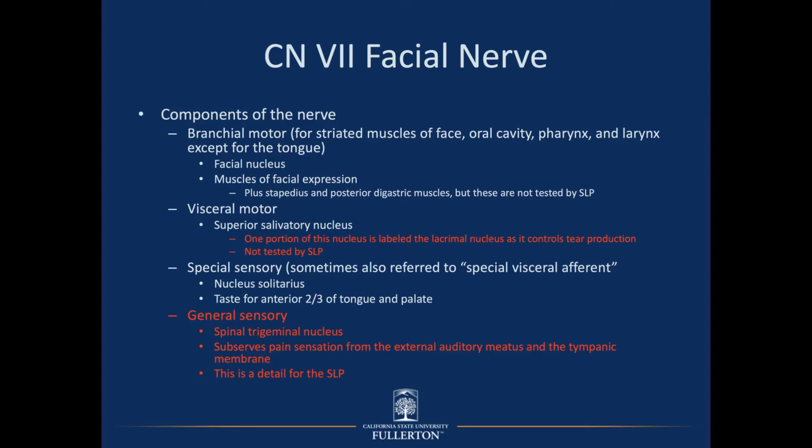And also two other muscles that are kind of incidental in a way: the stapedius muscle, it's in your middle ear, and the posterior digastric, but we don't specifically test those at all. So I'm putting it down there as a detail so you know, but what are we going to really test? The muscles of facial expression. Okay, now let's go to the next part, which is visceral motor. There is a visceral motor nucleus, and it innervates the superior salivatory nucleus. We're not going to test that as SLPs.